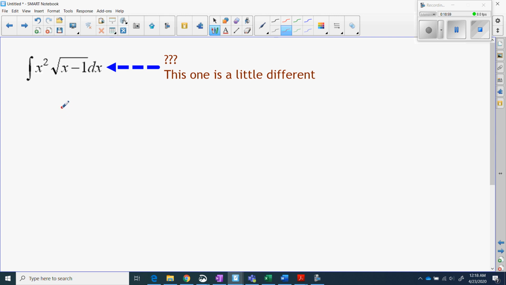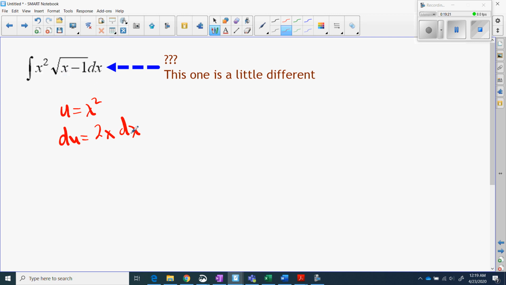So let's suppose I said, I'm going to let u equal x squared. Well, then du will be 2x dx. Now I've got to somehow use this to rebuild this question. So I'm going to put u in there.